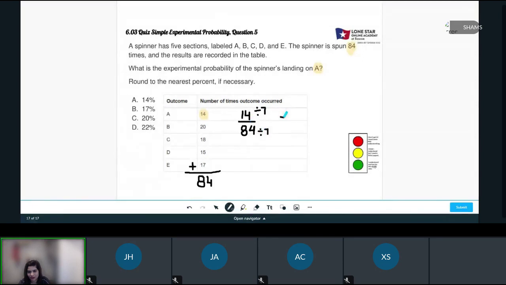So 7 goes into 14 how many times? It goes 2 times. 7 goes into 84 how many times? It goes into 84 12 times. I can then reduce again by 2, right? And I get 1 over 6.